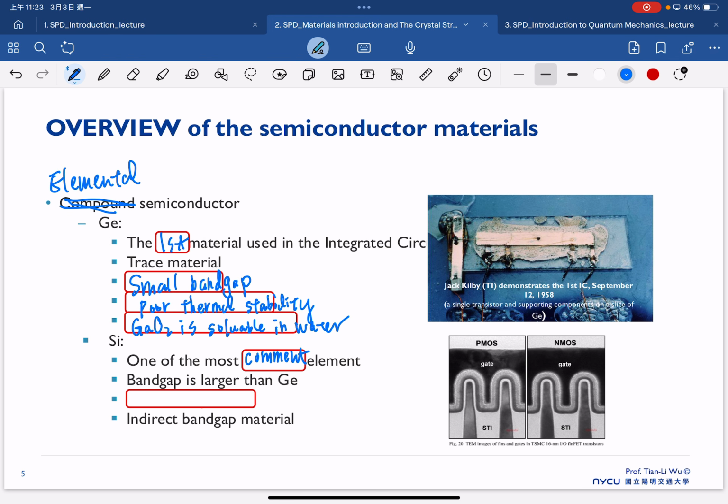And also, the band gap is larger than germanium. The silicon band gap is 1.1 electron volt. And also, a very important feature of silicon is that we can have very stable silicon dioxide.